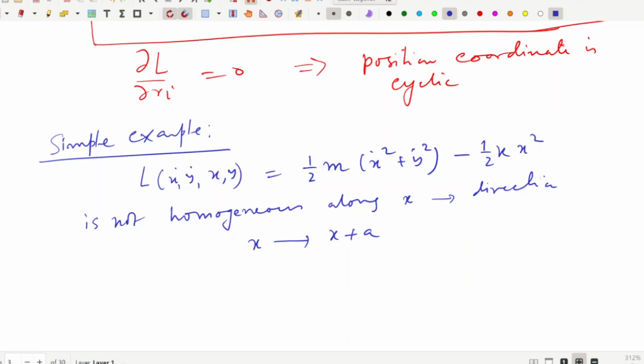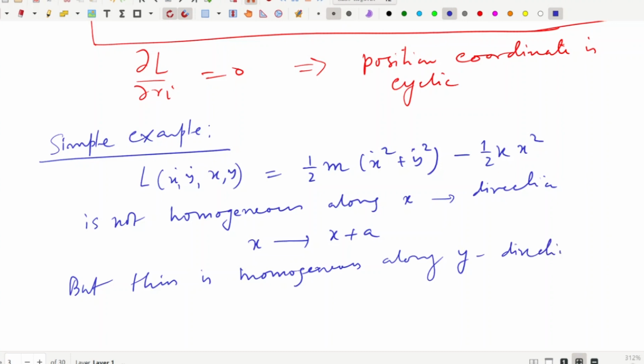Similarly, but this Lagrangian is homogeneous along the y direction, as y going to y plus b will not affect the Lagrangian, because there is no y dependence. So, y is also cyclic.